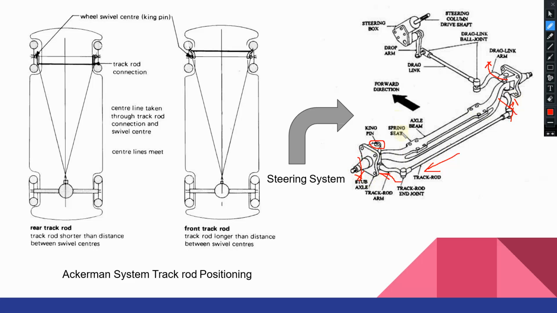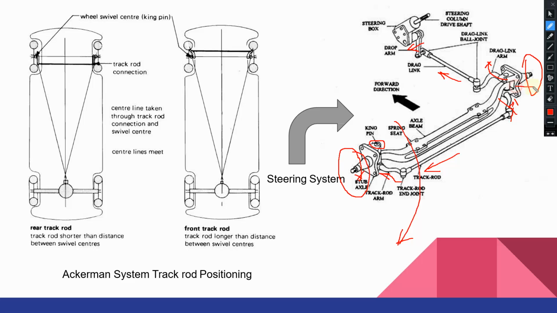So if the vehicle is undergoing a turn to this direction, suppose we have the wheels that are mounted on the stub axle. When the steering is rotated, the steering box, the gear mechanisms will operate, and it will pull the drop arm so that the drag link is pulled to one direction, and it will pull the drag link arm, and also it will turn this stub axle by a small angle.